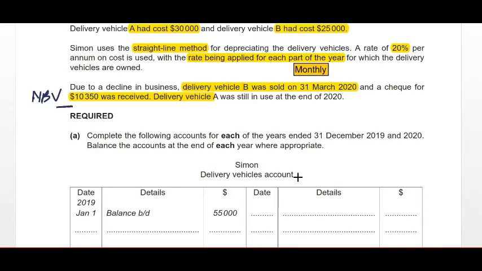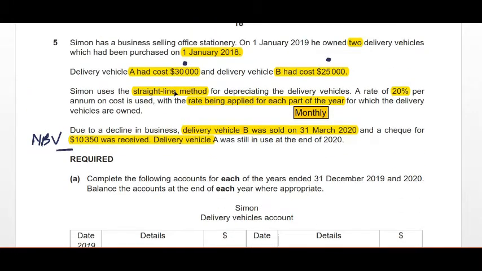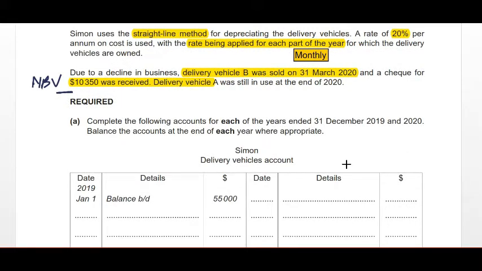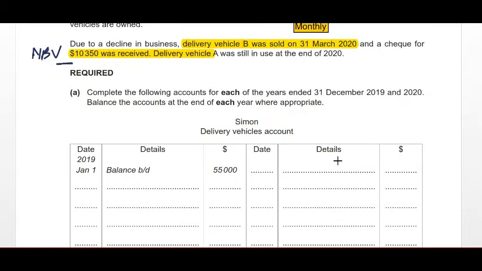During 2019, there was no change in any vehicle, because no new vehicles were purchased or none was sold. This was sold on 31st March 2020. So they have asked us to make this for both the years.